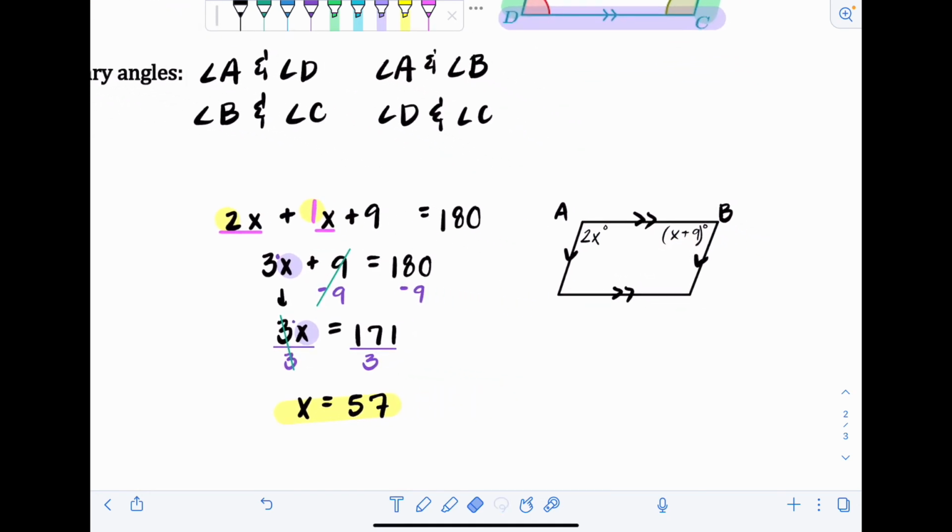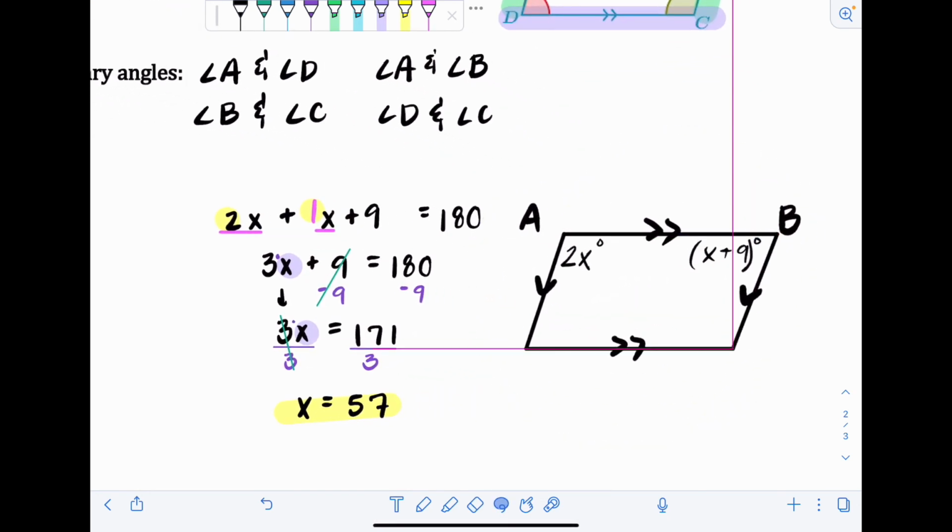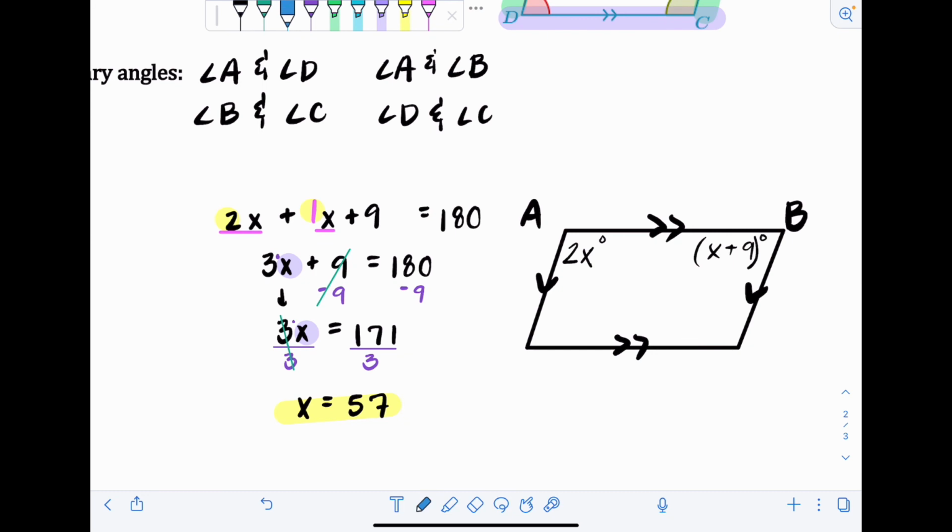So for the 2x, I can just do 2 times 57. 2 times 57 is 114. So that angle measurement is 114 degrees for angle A. And then for x plus 9, I would put that x equals 57 in for x, just like I did with the 2x.